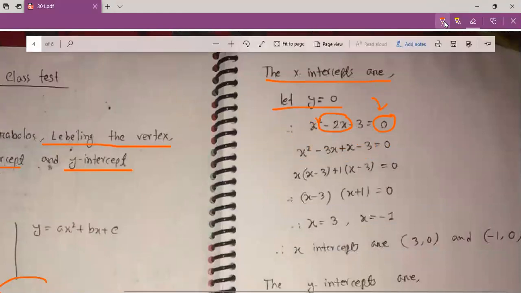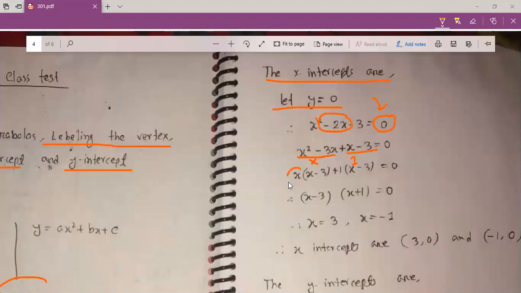And on the next line, we can take x common. We can take x common from here, and we can also take the other factor common. Okay. So if x is common, then the x gets cancelled. So we just divide by x here, and we divide here. Okay.